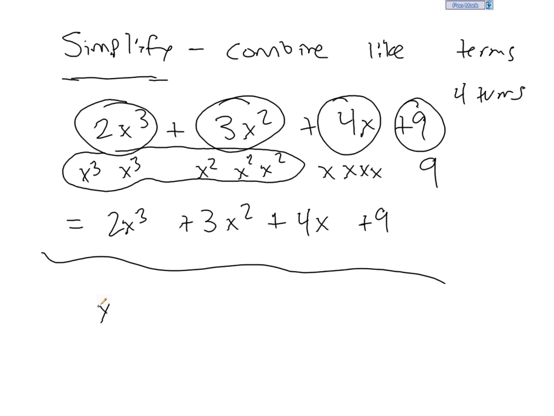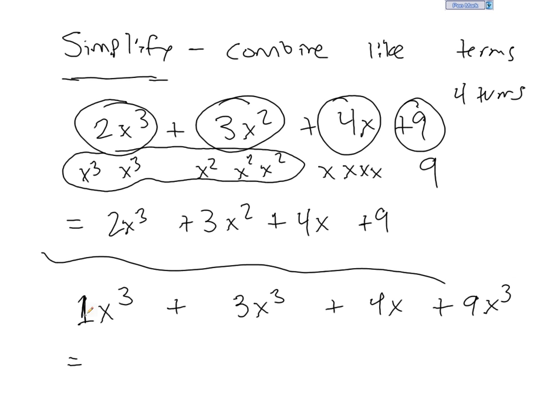Let's say we have x to the third plus 3x to the third plus 4x plus 9x to the third. Okay, well, let's see, what do I have common copies of? Well, I have just 1 x to the third here. I have 3 x to the thirds here. I have 9 more x to the thirds over here.